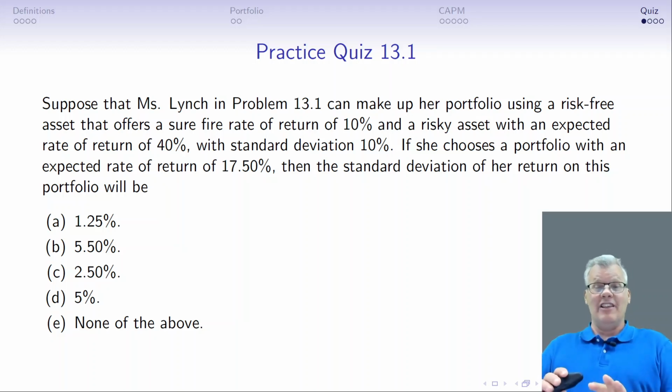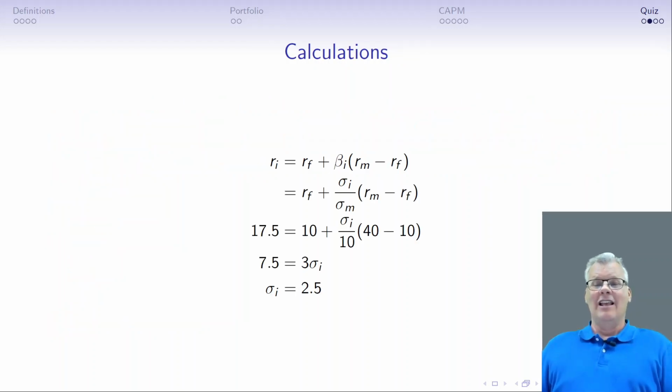You'll notice that what this problem gives us is every term of CAPM but one. So in the following slide, I remind you of CAPM. We expand it out, and you'll notice that Professor Bergstrom has given us each parameter in CAPM except sigma sub i, which is the standard deviation of Miss Lynch's portfolio.